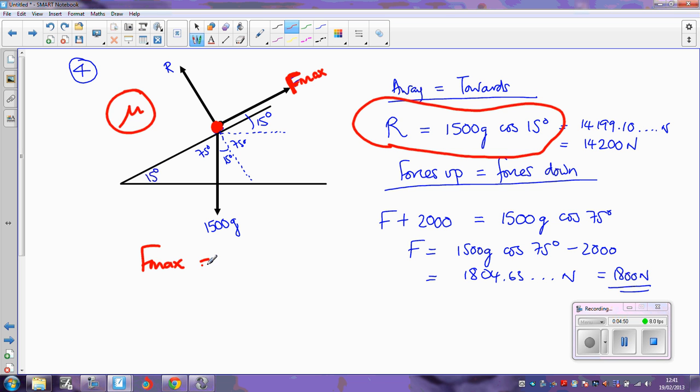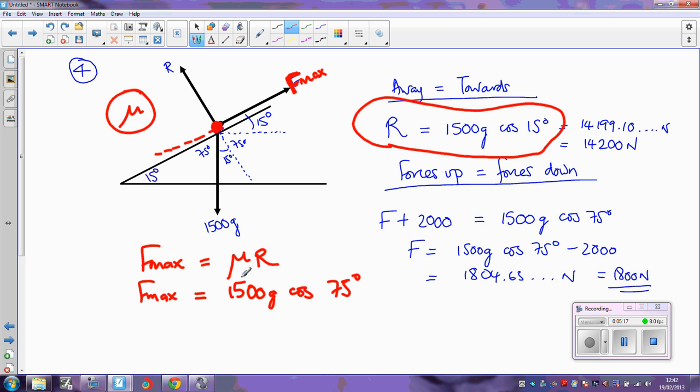And we know that the maximum frictional force is equal to mu times R. We also know that the forces tending to make the particle move up the slope are the same as the forces tending to make it move down the slope. In other words, F max, which is what's making it move up the slope, must equal the component of the weight acting down the slope. Well, that's 1500 g cos 75 degrees.